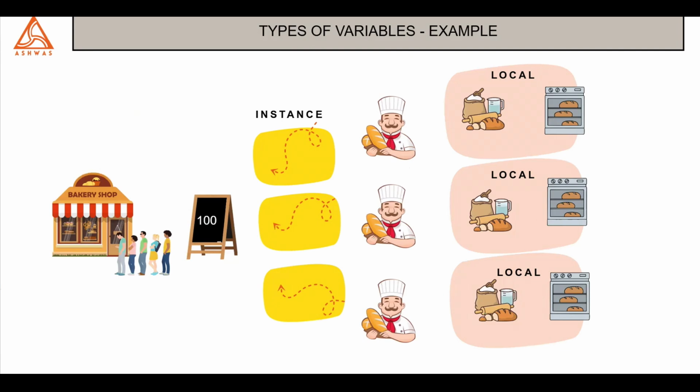Instance variables, because they belong to the object, are alive and accessible as long as the object is accessible. Once the object is destroyed, the instance variables belonging to that object are also destroyed. However, instance variables have a bigger scope than that of local variables.